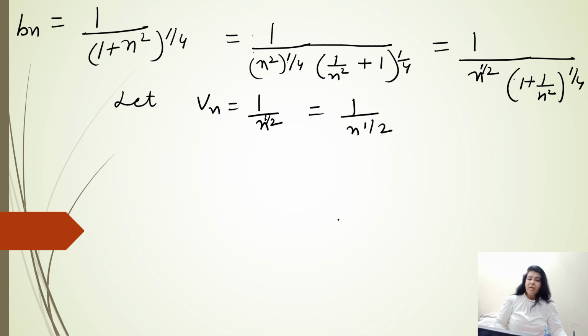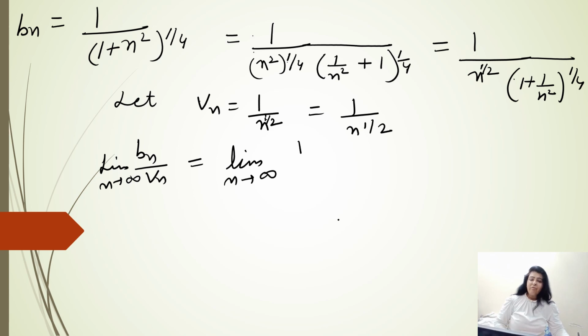Then we find Bn upon Vn when limit n approaches infinity, which is equal to limit n approaches infinity of 1 by 1 plus n square whole raised to power 1 by 4.